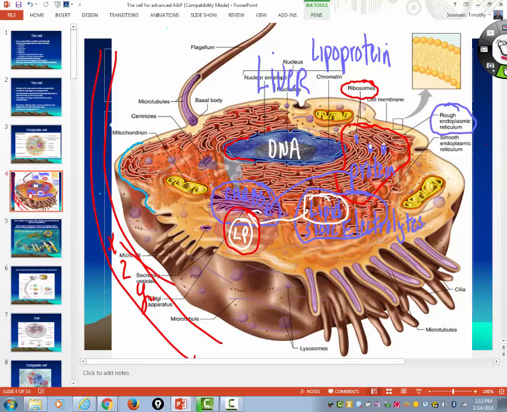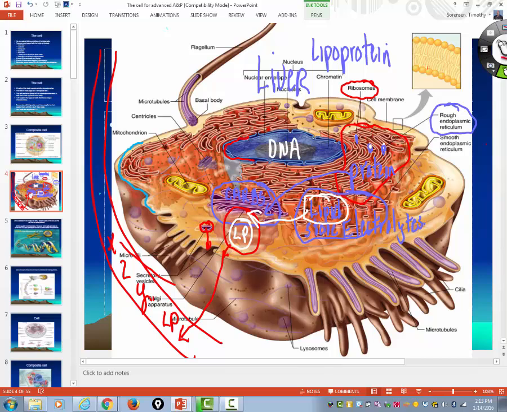So it packages it up, and then that secretory vesicle, small one shown right here, binds to the cell membrane. So in this case, this one storing that cholesterol binds to the cell membrane. It actually melds with it, and then it dumps that cholesterol, that lipoprotein, into the blood. So a secretory vesicle is part of the Golgi apparatus and it is used to transport cell product.